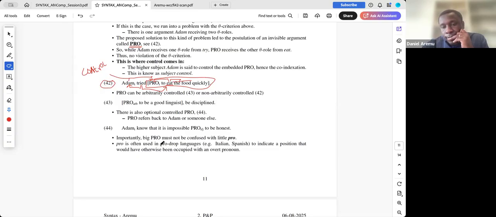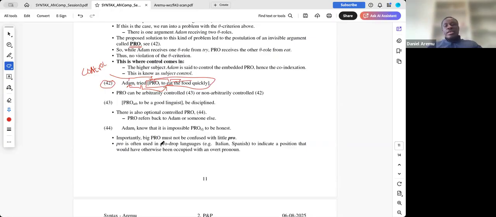It's representing a nominal that is not explicit. So if that's the case, it can be assigned some theta roles. That's what I want some clarification on, since theta roles are assigned to arguments. So it is representing a certain argument that is not explicit. Okay. So I need some clarification on that.